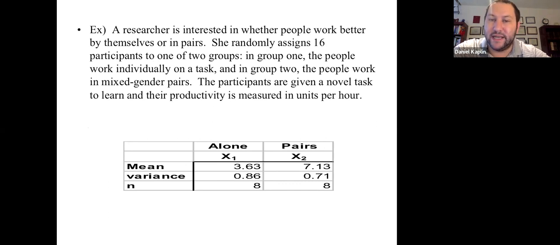So she randomly assigned 16 participants to work either by themselves, working individually, or working with mixed gender pairs. They were given a skill set or a task to learn, and then they measured how productive they were. So again, group 1 worked alone, and group 2 worked in mixed gender pairs.